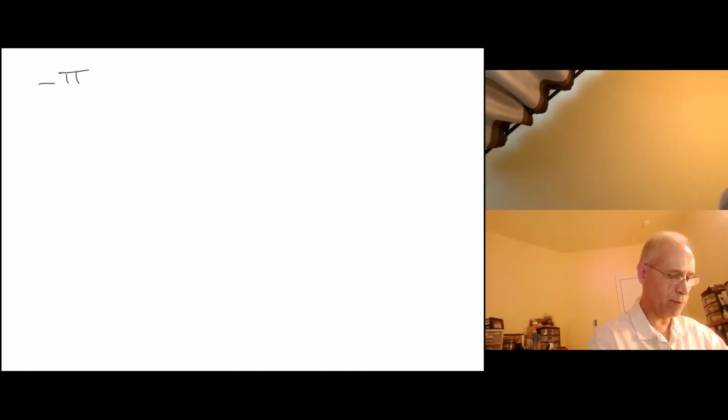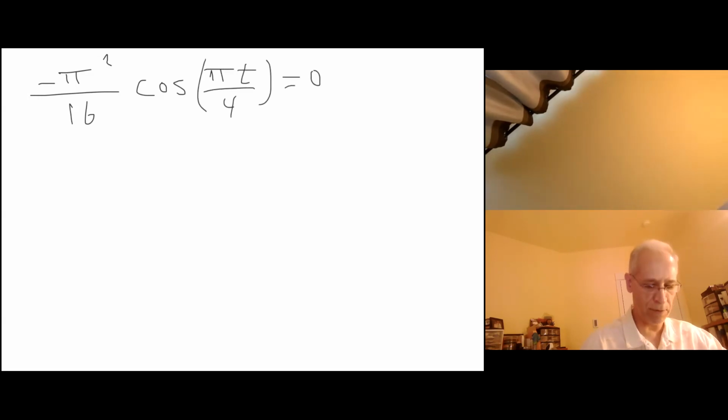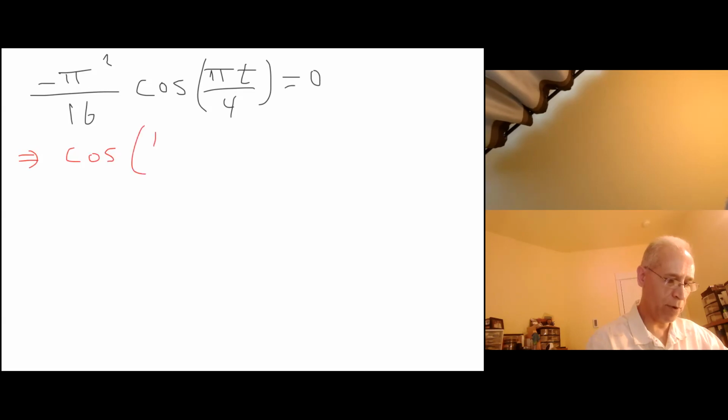Minus pi squared over 16 cosine of pi t over 4 equals 0. Divide both sides by the coefficient, and that gives cosine of pi t over 4 equals 0.